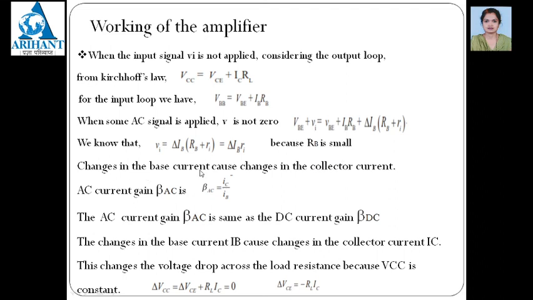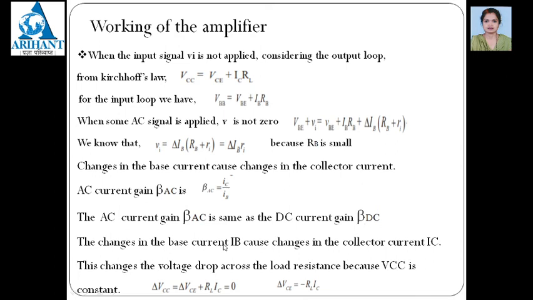Now changes in the base current cause changes in the collector current also. So we get the AC current gain, beta AC. Beta AC is small IC divided by small IB, the AC current. The AC current gain beta AC is the same as the DC current gain beta DC.